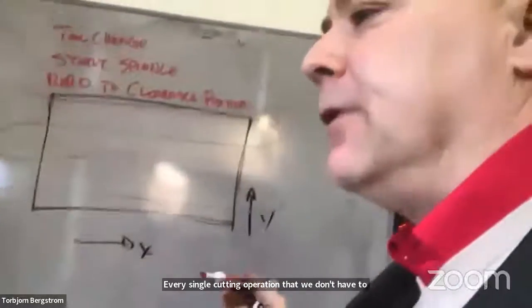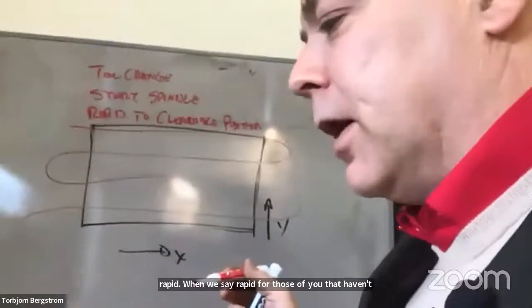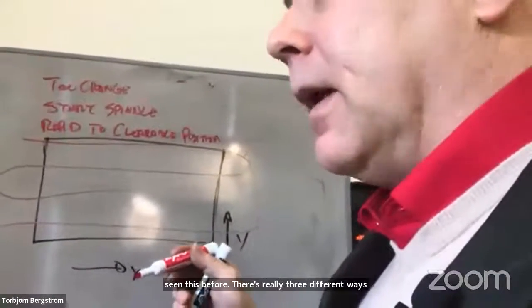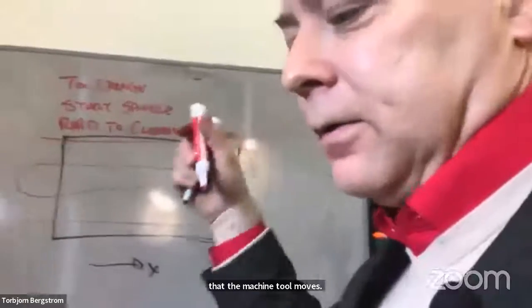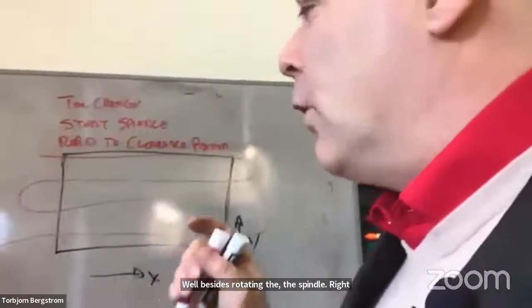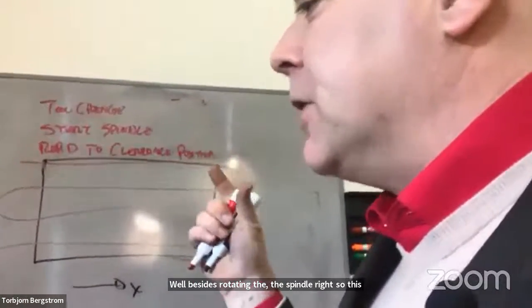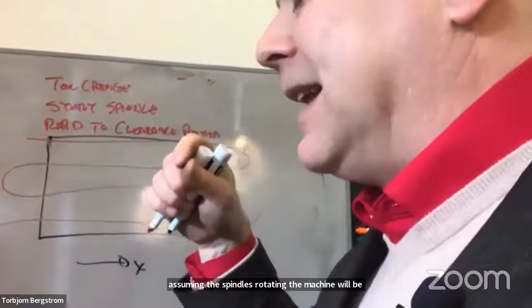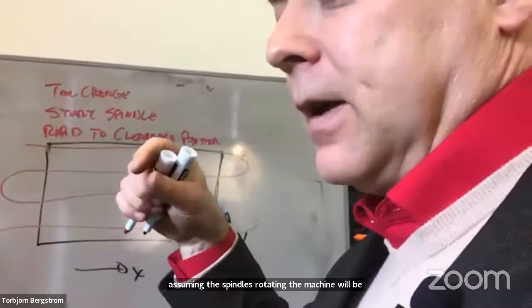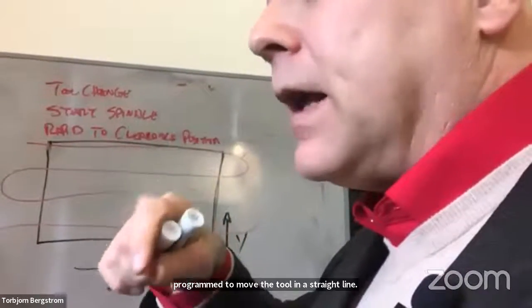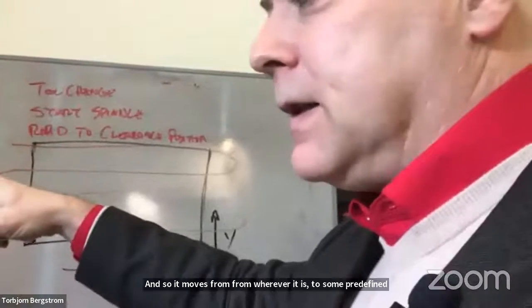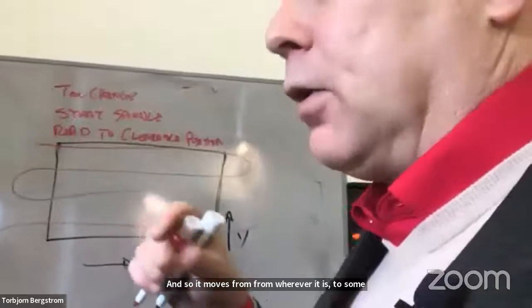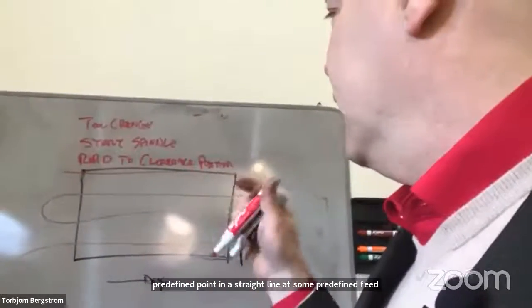And when we say rapid, for those of you that haven't seen this before, there's really three different ways that a machine tool moves, besides rotating the spindle. So the spindle rotates, I guess that makes it four. But assuming the spindle's rotating, the machine will be programmed to move the tool in a straight line from wherever it is to some predefined point at some predefined feed rate.